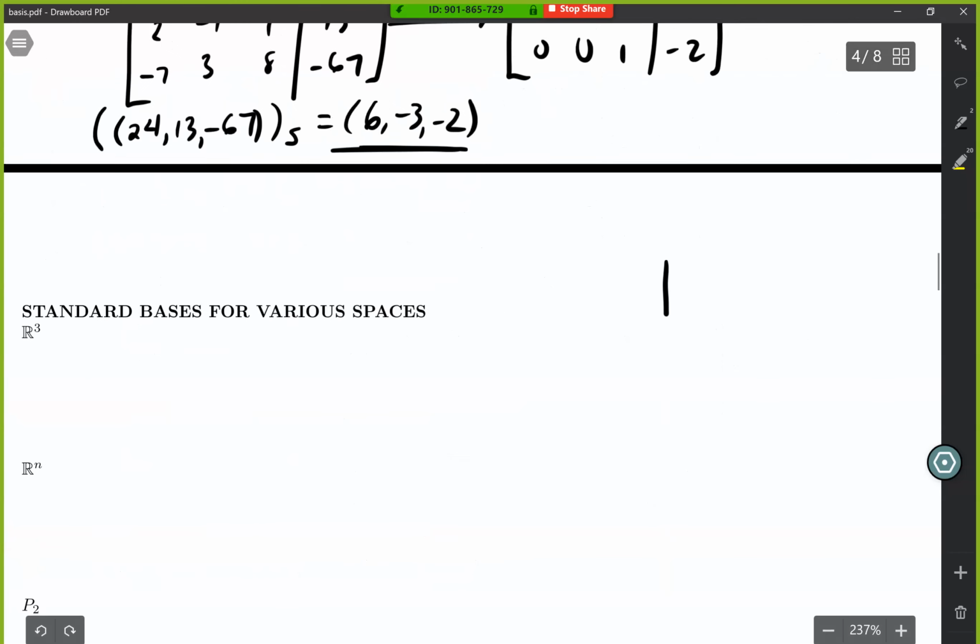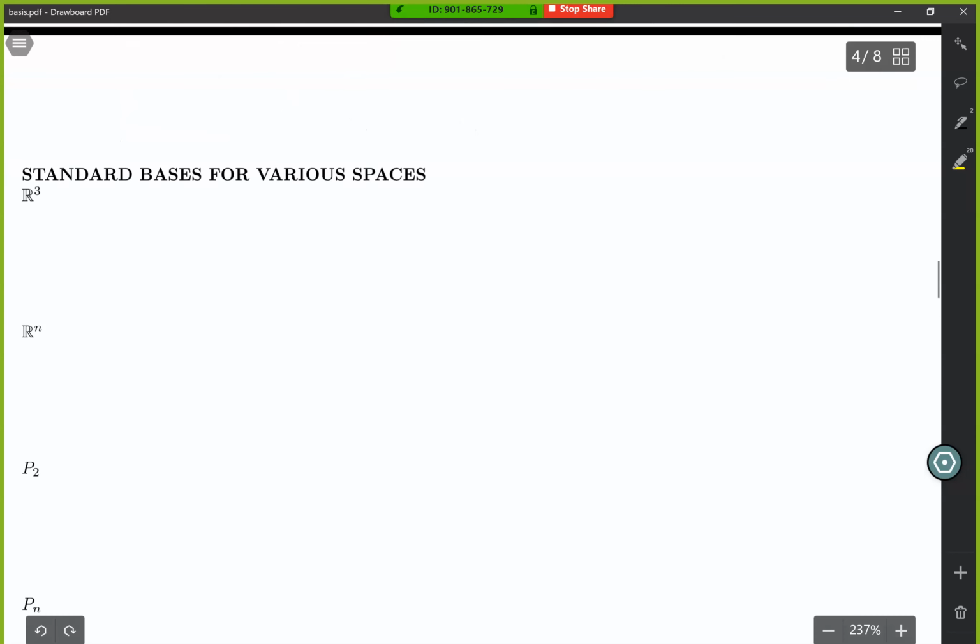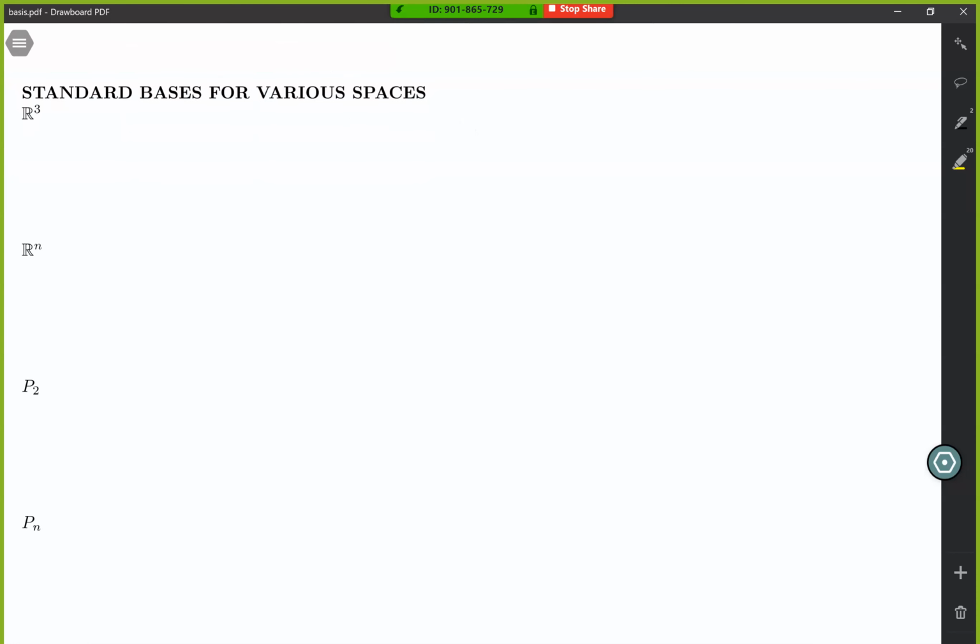All right. So now this was a weird basis for R3, but in general we have what we refer to as standard bases for various spaces. Going back up to the very first example we did, remember we had the vectors 1, 0, 0, 0, 1, 0, 0, 0, 1 for R3 and said that that was both linearly independent and spanned.